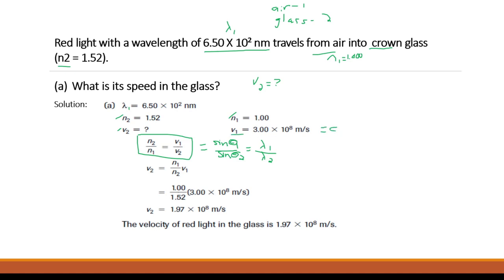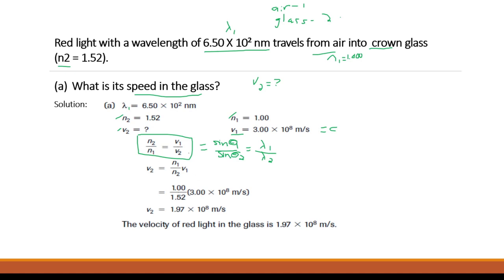So we can say the speed in air, which is 1, is 3.0 times 10^8, because that's in air. We don't know it in glass. In fact, we want to find it in glass, so that is our V2 in glass.